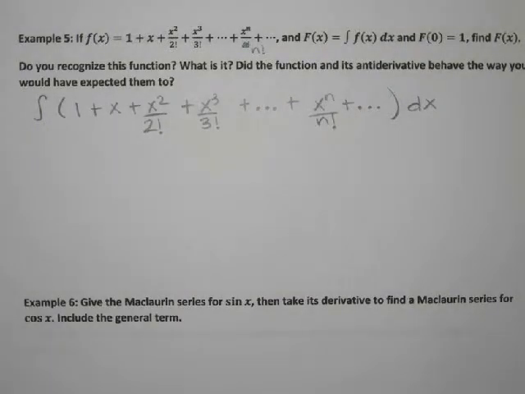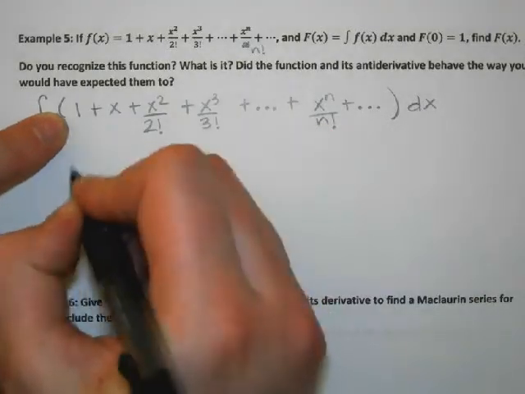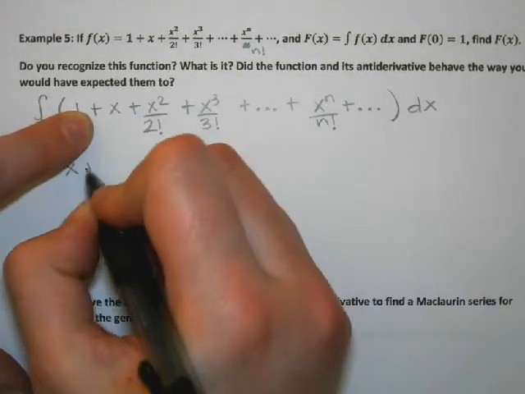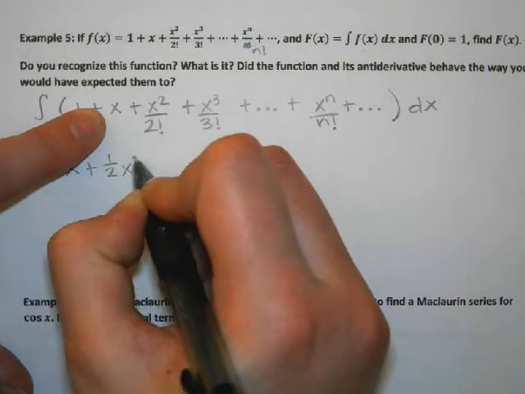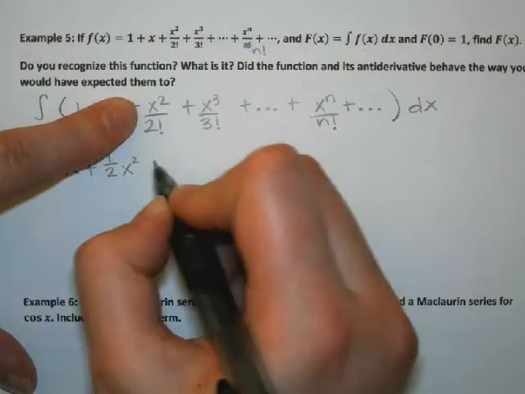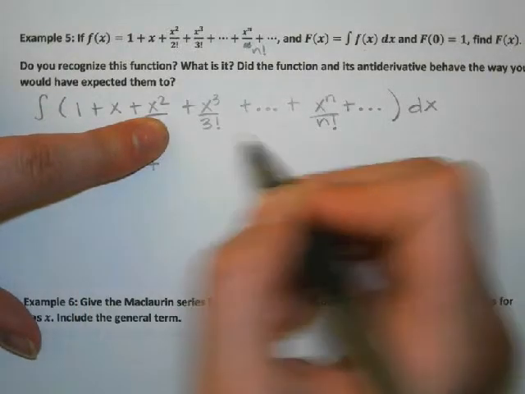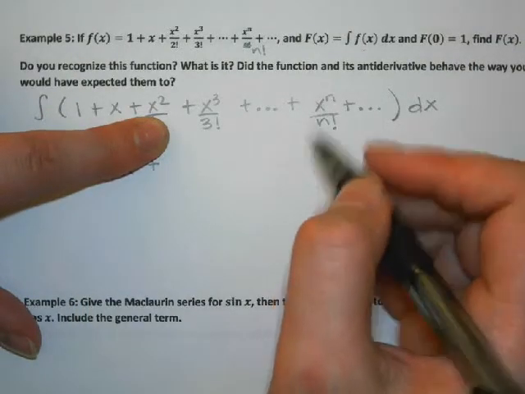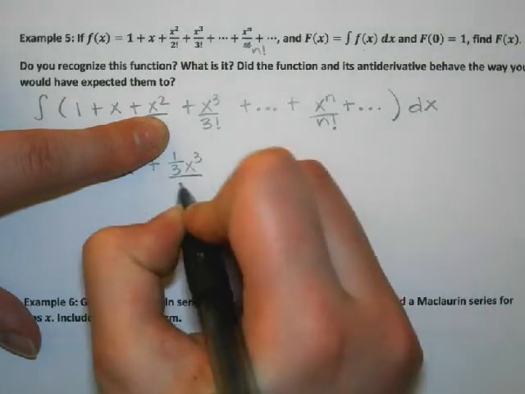Okay, are we ready? Let's do our antiderivative rules. So the 1 becomes an x. The x becomes 1/2 x squared. The x squared would become, let's ignore the 2 factorial for now, what does x squared become? 1/3 x to the third over 2 factorial.